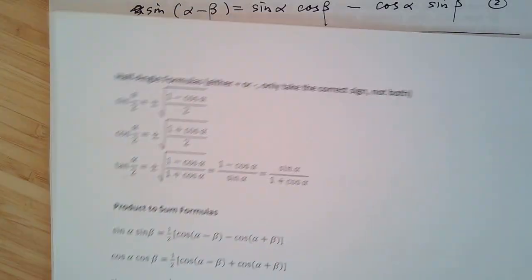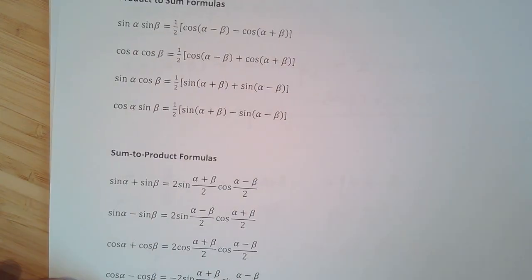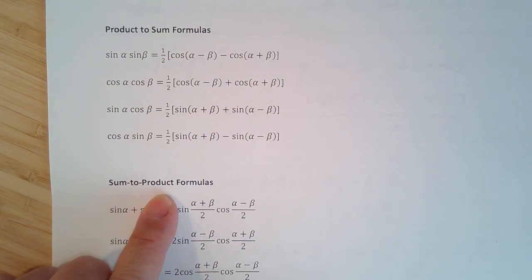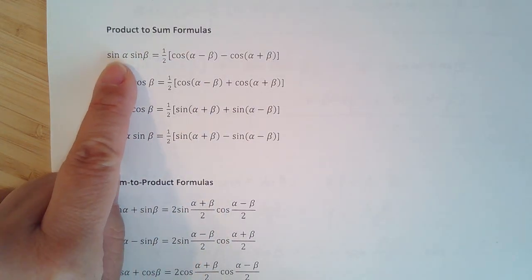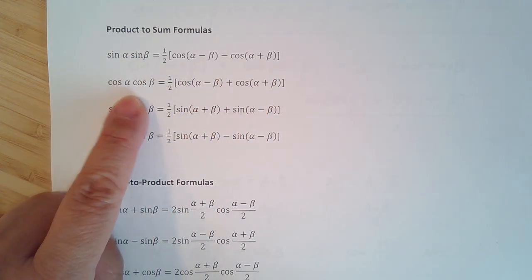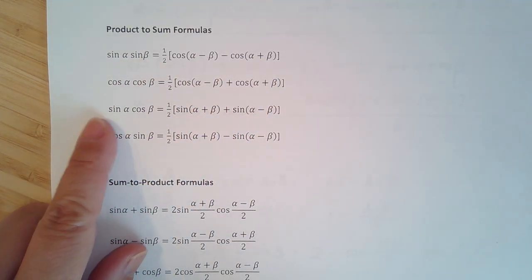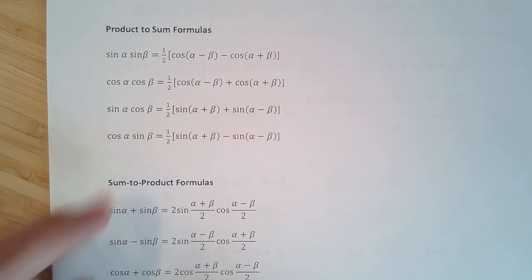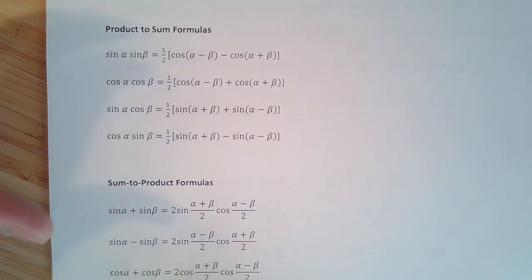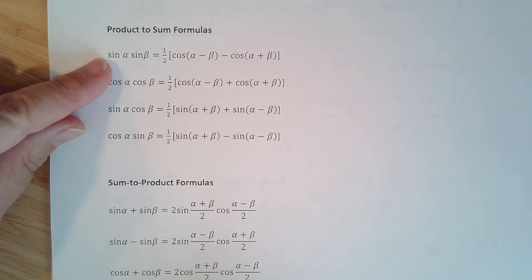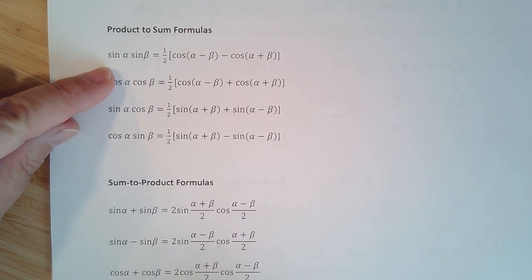Okay, so I will show you the sum to product and product to sum formulas, which I already have here, these two. The product to sum formulas and the sum to product formulas. I just write it: sine alpha sine beta equals something, and cosine alpha cosine beta equals something, sine alpha cosine beta and cosine alpha sine beta. Okay, so basically they're pretty much the same thing. When you do product to sum, you need to identify the left side.